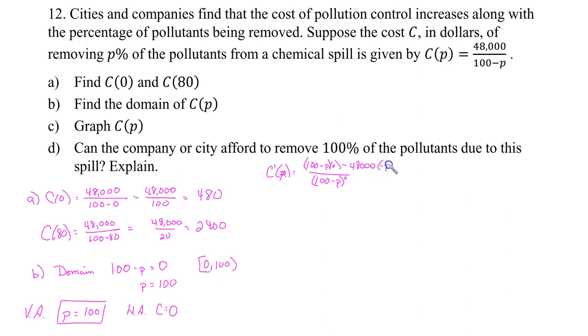Be very careful there. The derivative of the denominator is not negative P, negative 1, sorry. I was worried about the negative sign and forgot to change that to a 1. So the derivative of the denominator is negative 1, and so my derivative then is positive 48,000 over 100 minus P, where this quantity is squared.